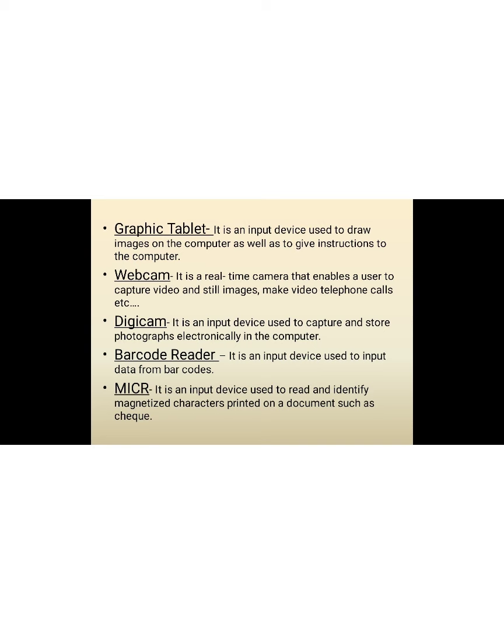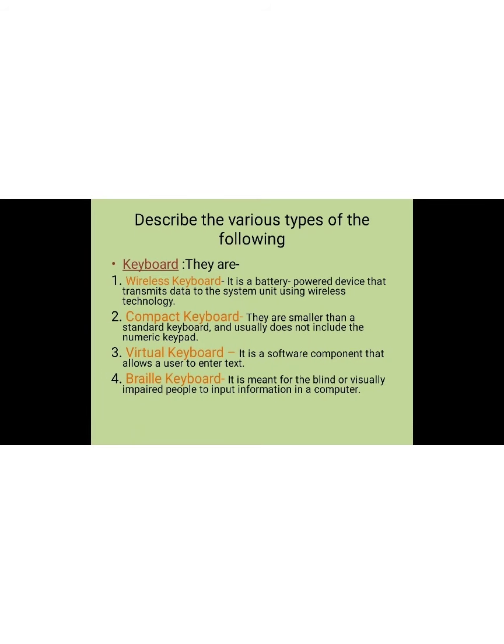Move to describe the various types of the following. First, keyboard. The different types of keyboards are: number 1, wireless keyboard. It is a battery powered device that transmits data to the system unit using wireless technology. Second, compact keyboard.